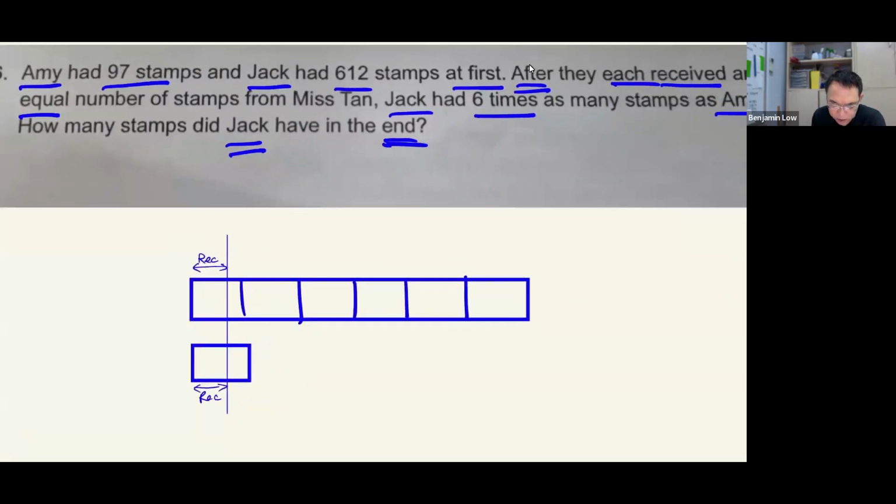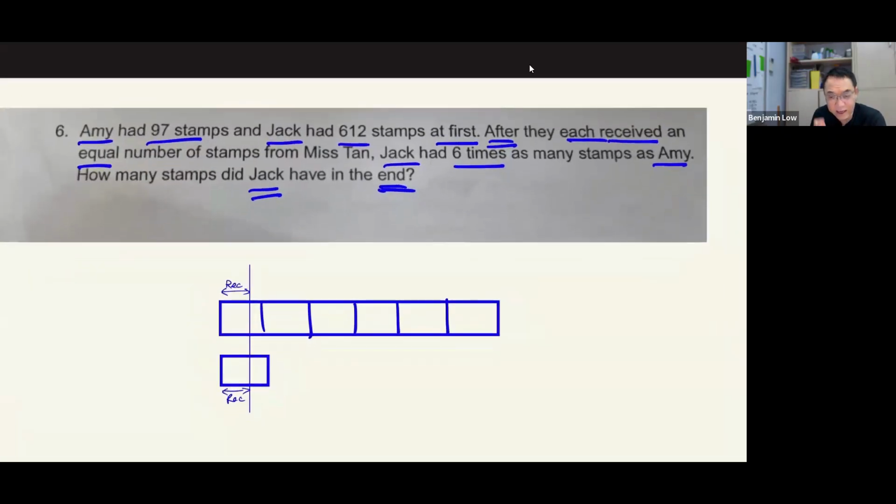And also I said you need to label your start and end. So there will be 2, right? One here, one here. Can you tell me which one is the start, the longer one or the shorter line? Start. Because I will need to write the 612 and the 97 somewhere, right?